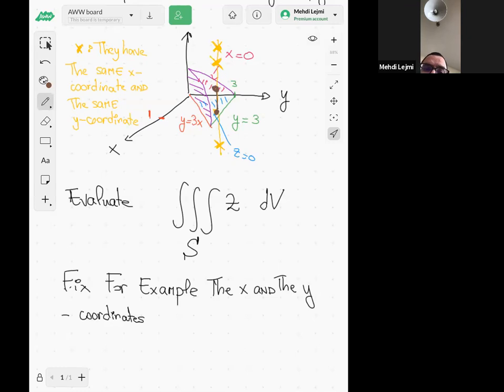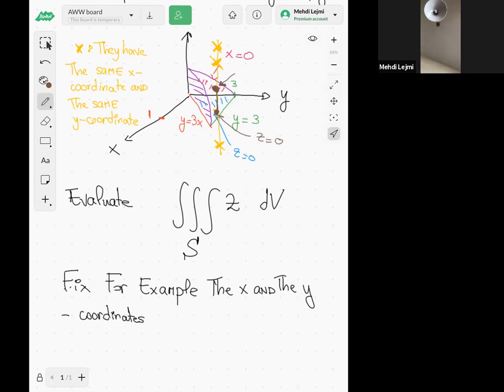And this face here is described by, so this is the XY plane, so this is just Z equals 0. And then your yellow line is going to intersect the solid at the cylinder here.